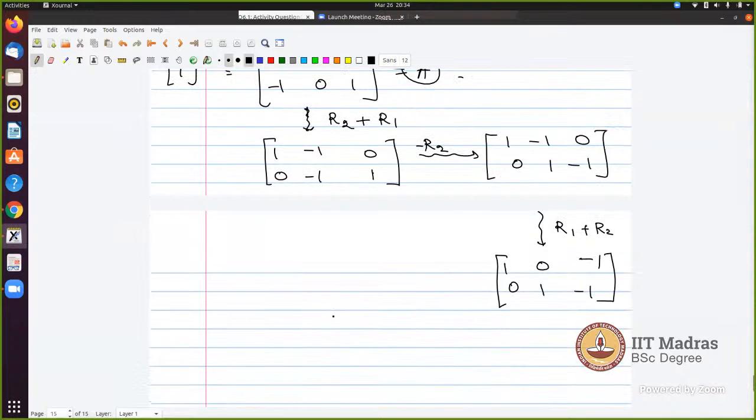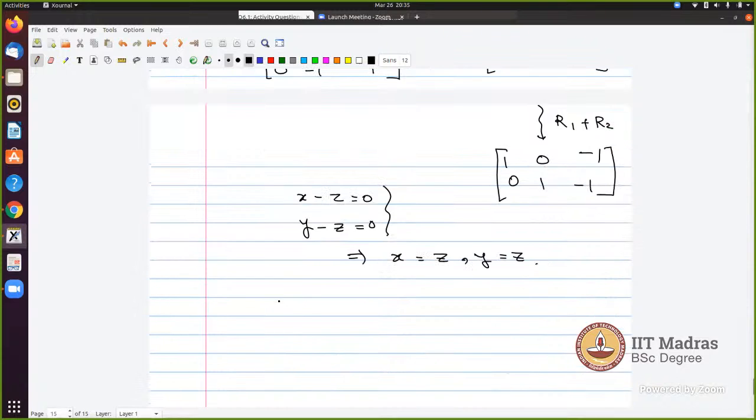So to calculate the null space, x minus z equal to 0, y minus z equal to 0. So from here x equals z and y equals z. That means x, y and z are all equal.